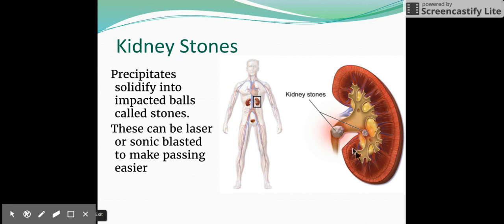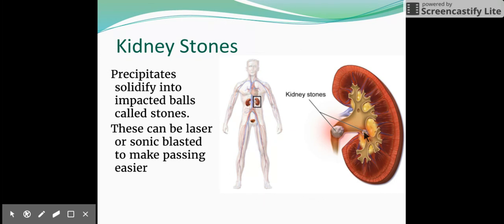As the medulla filters out blood, sometimes you can get little pieces of things that collect into hard chunks. So if you've ever been in chemistry and done precipitate reactions where you put two solutions together and you get a solid out of that, then you can kind of understand where kidney stones come from.